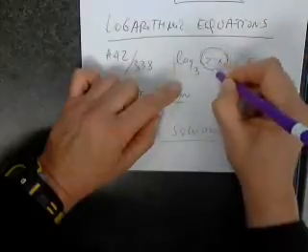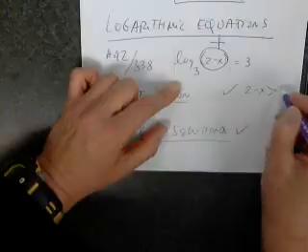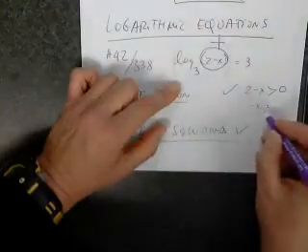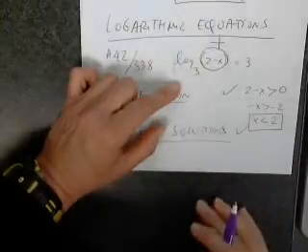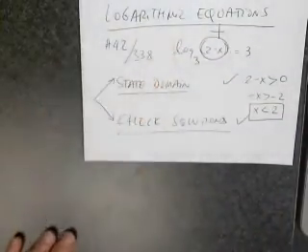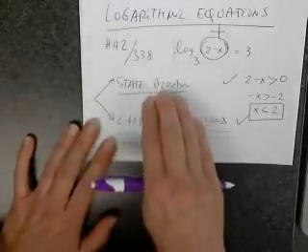Only to positive numbers. So this must be a positive number. So 2 minus x positive, negative x greater than negative 2, x less than 2. If the solution is not a number less than 2, it will have to be disregarded. So that's the idea of the state domain.